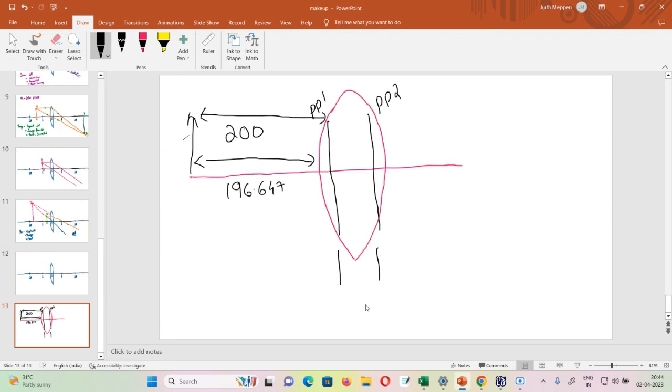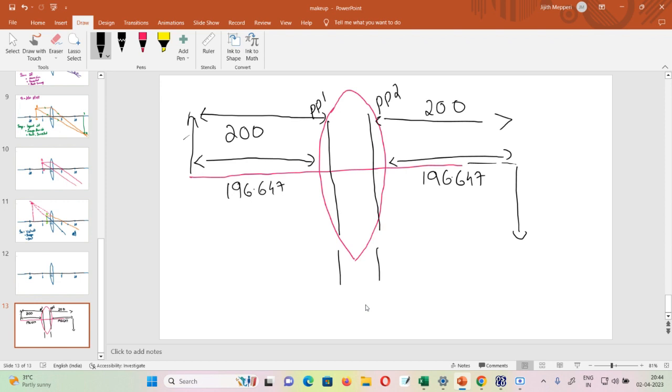And after this one, you can see PP2 to image. There will be an inverted image, and PP2 to the image is again 200, but the lens to image is 196.647.